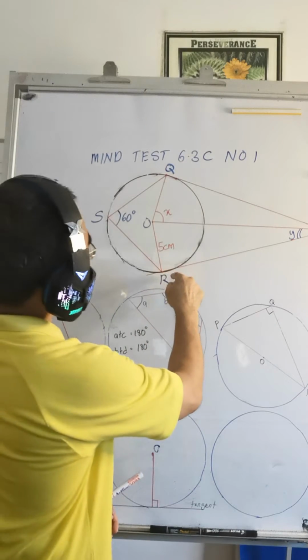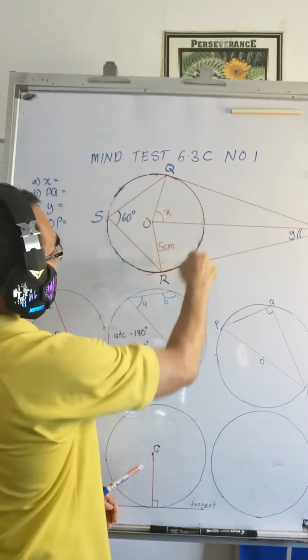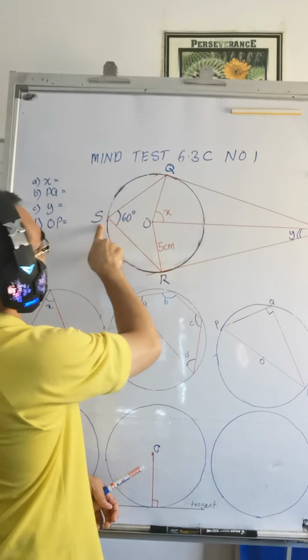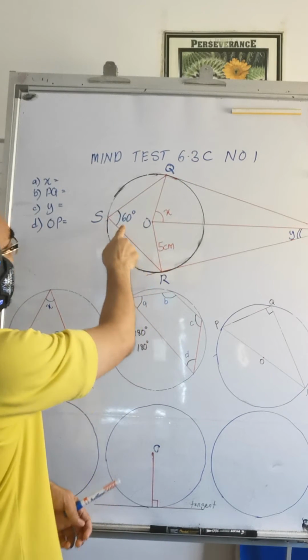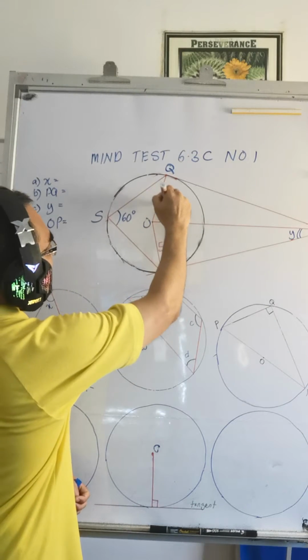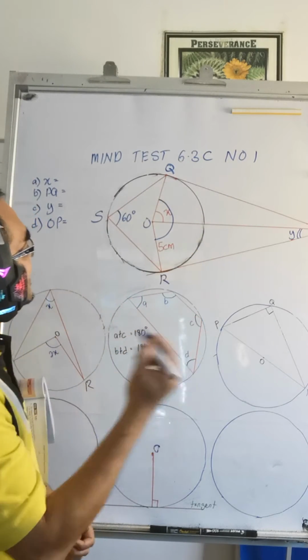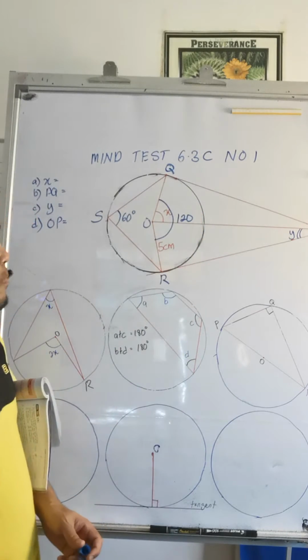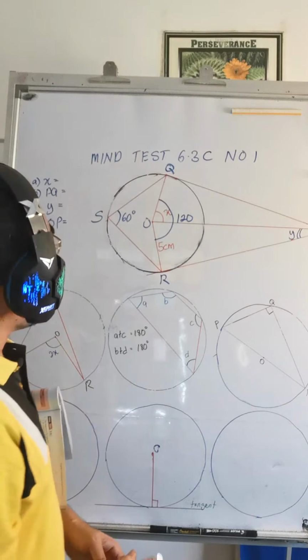Now the arc is QR. Q and R go to S and create an angle of 60 degrees, so the angle here will be 60 times 2, which is 120. We have not answered X yet.